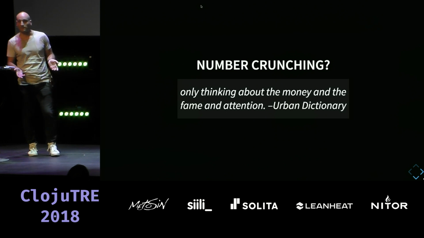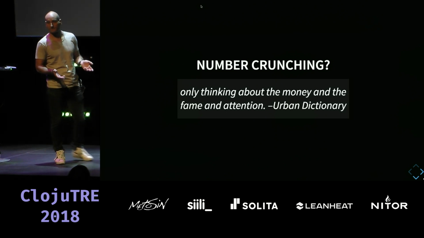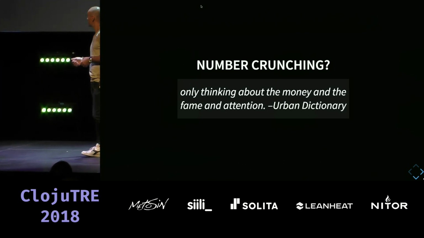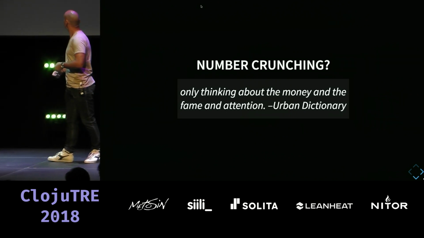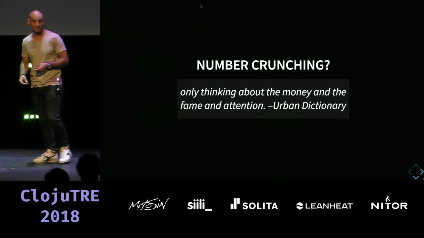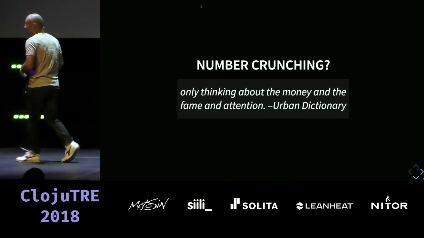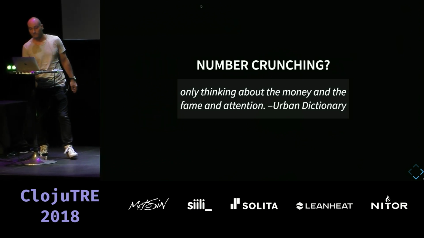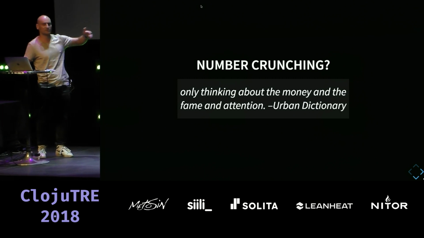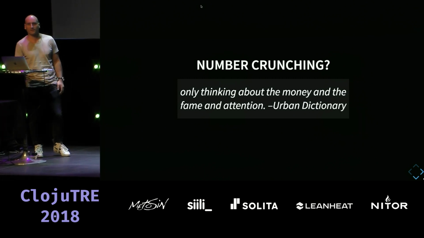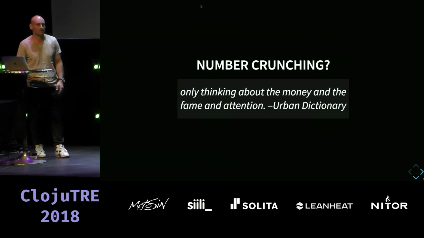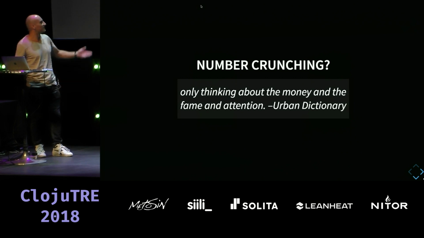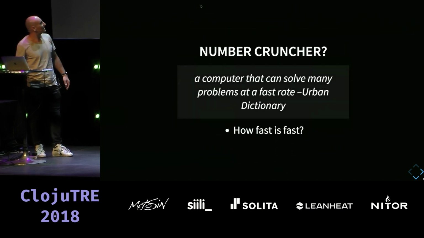So what is number crunching? According to Urban Dictionary, it's only thinking about the money and the fame and attention. Okay, functional programming and number crunching and Clojure, I hope, are sometimes used in financial software, but everything else, not so much.